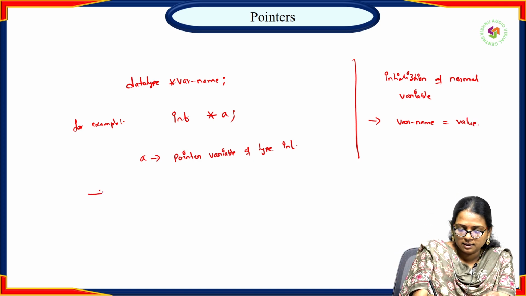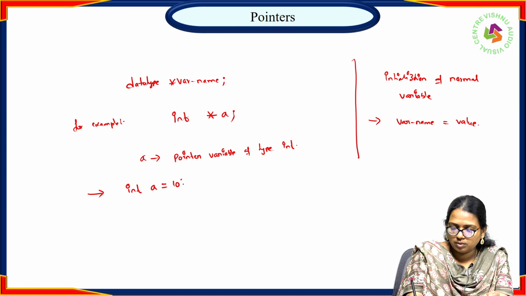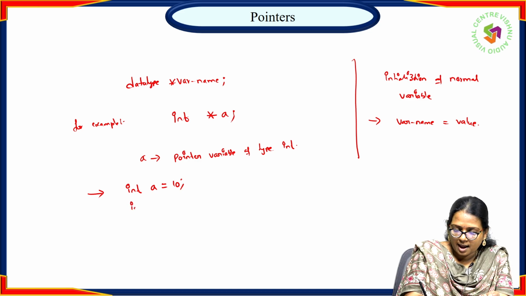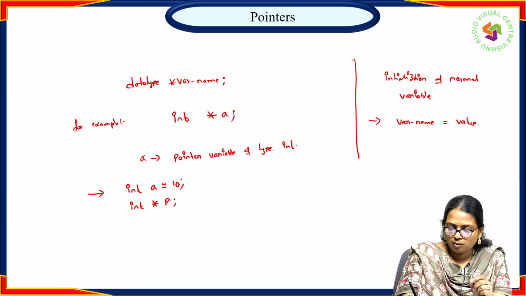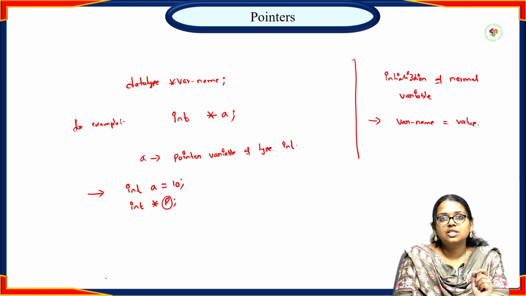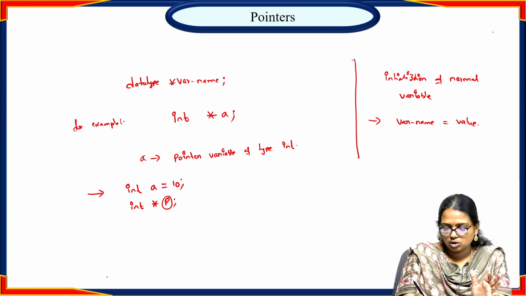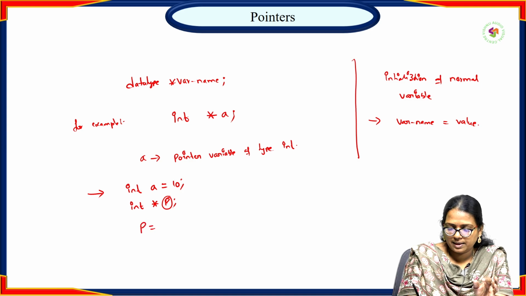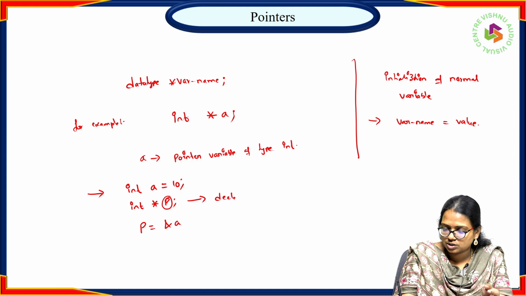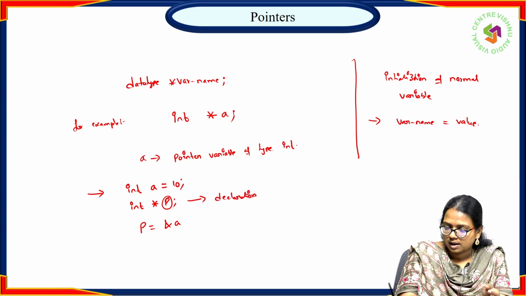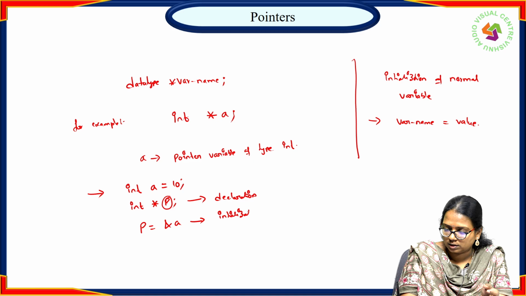So similarly here, if I have a variable int a with some value 10 and I have declared one more pointer variable p, now I want to initialize this p. As p is a pointer variable, it will store what? It will store the addresses. So now I'll assign p with address of a. So this is known as declaration and this is known as initialization.